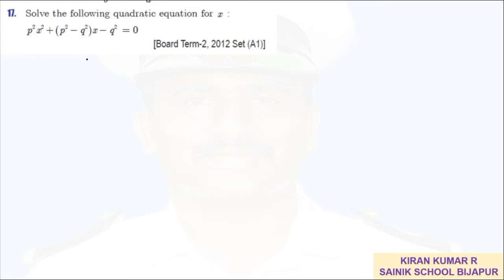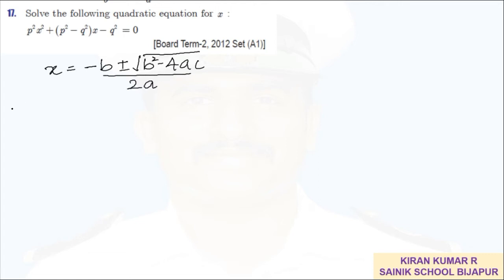In such cases, it's better that we make use of the quadratic formula. If we use the quadratic formula here, x will be negative b plus or minus root of b square minus 4ac upon 2a.